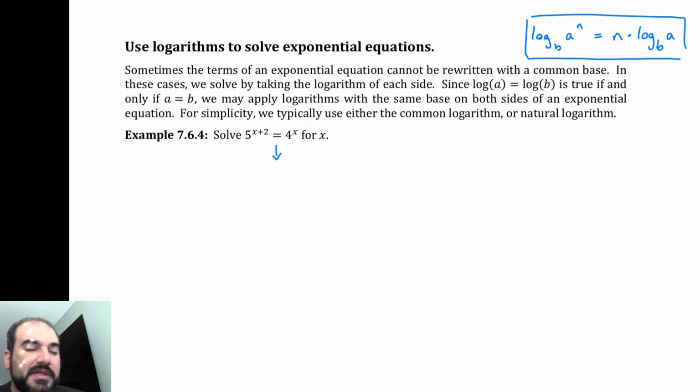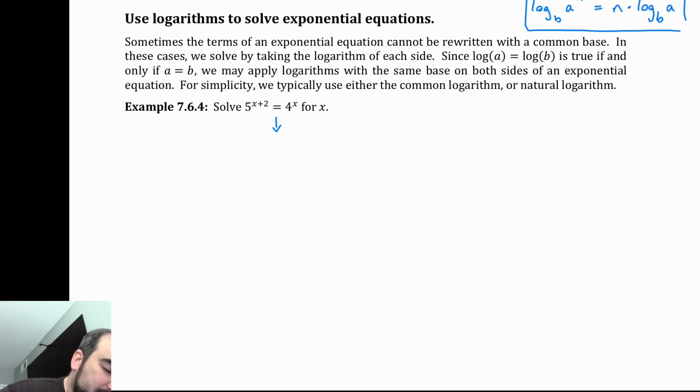And when you log both sides, you get to choose what kind of log you want to use. You can use a log base, anything you want. Generally, we stick to the standard log if we don't want to write a base, or we can use natural logarithm because it's less writing for us.